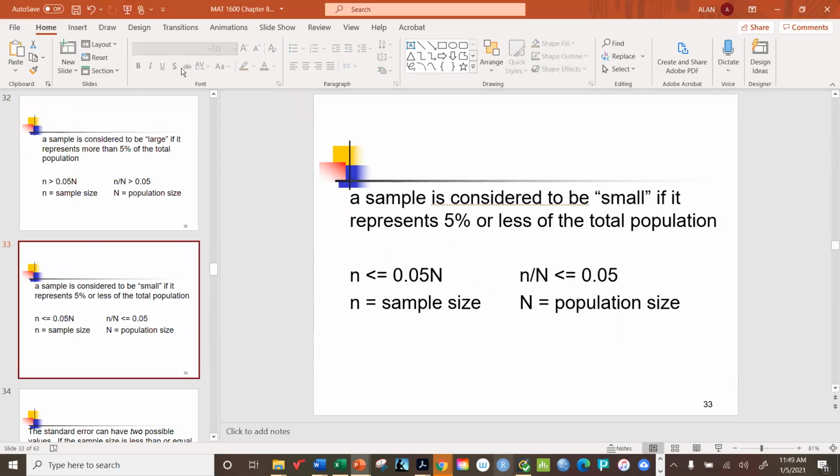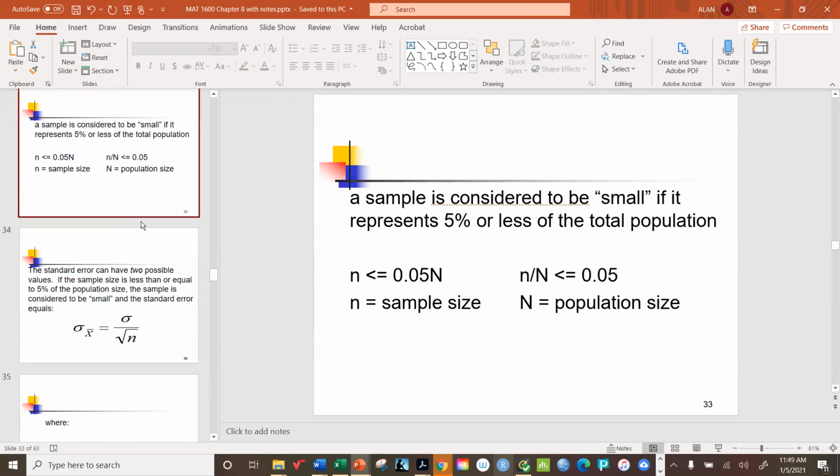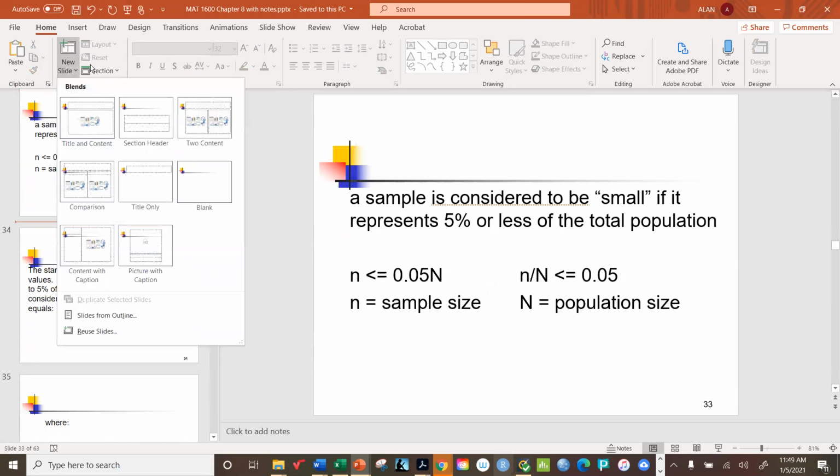All right, now that we got that out of the way, why don't we see what the formulas look like? Let me just show it to you with a little chart.